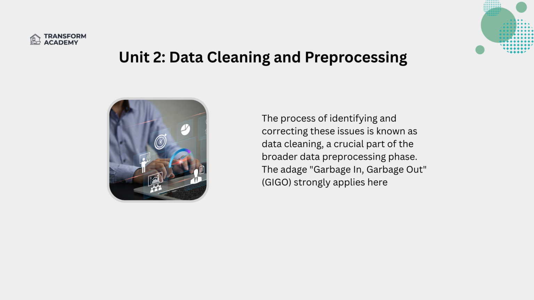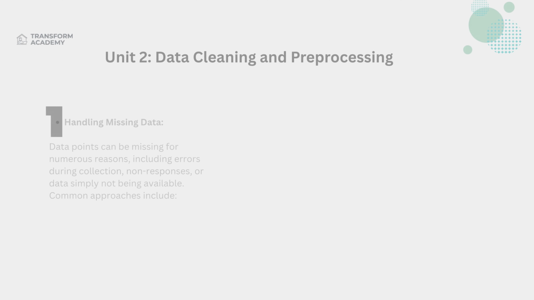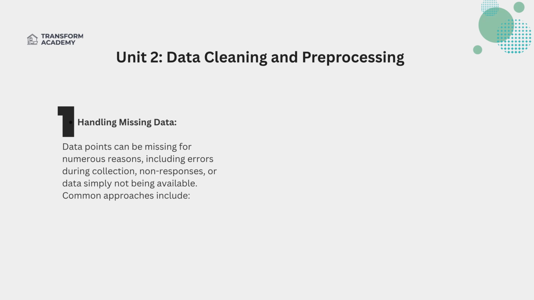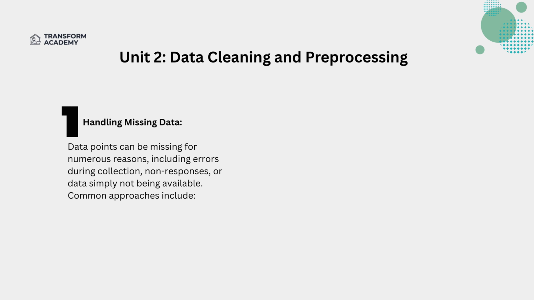While specific techniques vary, the core conceptual steps involved in cleaning and preprocessing data typically include: number one, handling missing data. Data points can be missing for numerous reasons, which include errors during collection, non-responses, or data simply not being available.